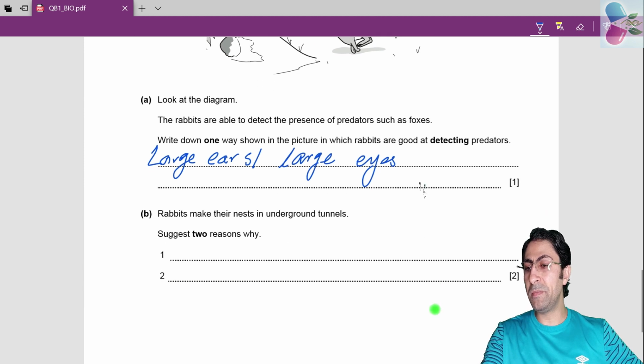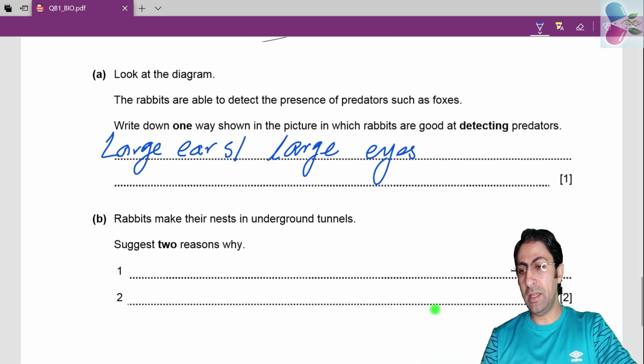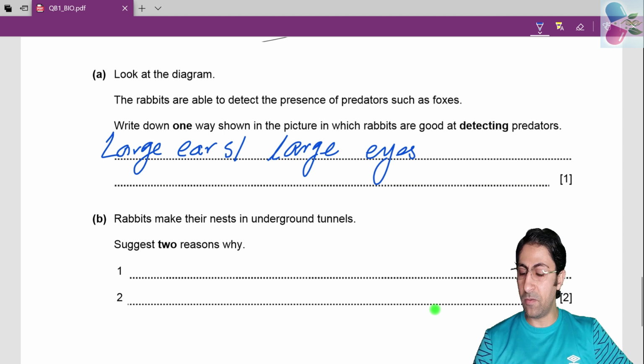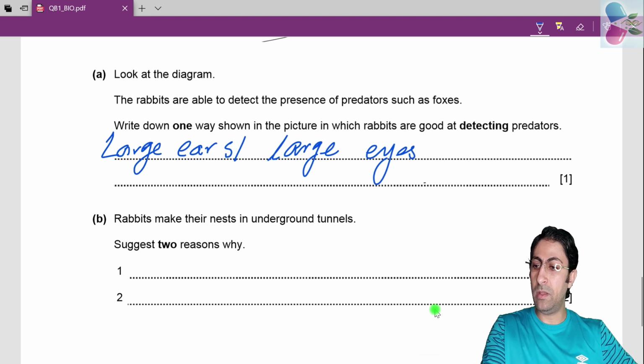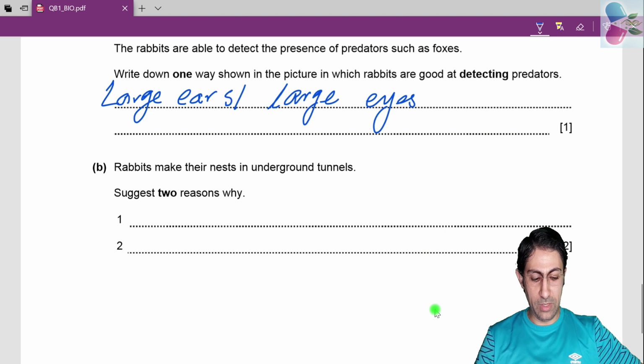Number B, rabbits make their nests in underground tunnels. Suggest 2 reasons why. Okay, actually a lot of reasons can be accepted. You can say, for example, they can rear their young safely, out of sight or away from their predators.